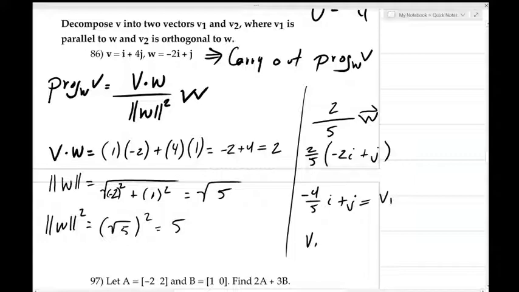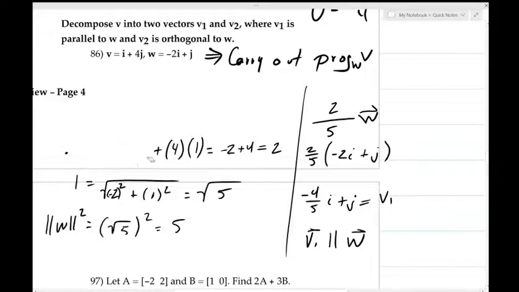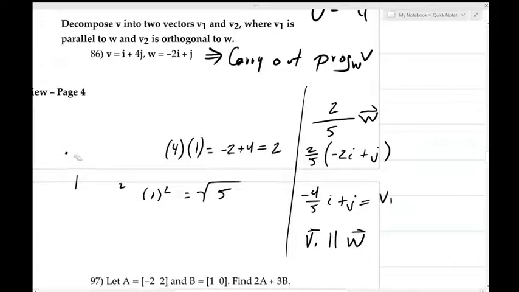V1 is parallel to vector W. Okay, that is the vector that is parallel. So how do we find the one that's orthogonal to W?